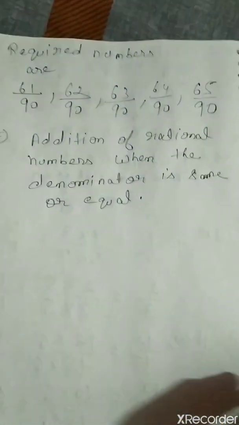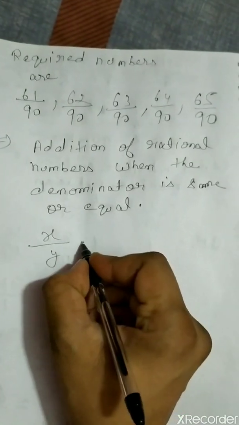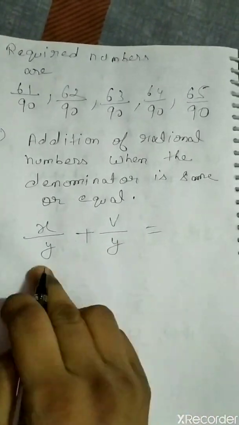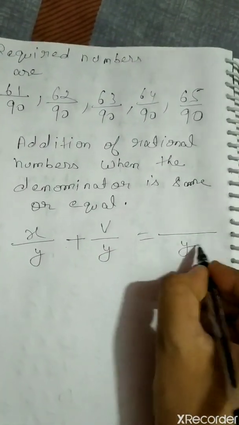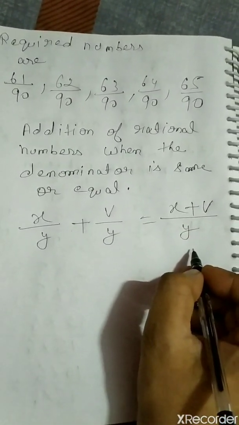For example, if x by y plus v by y, the denominator y is same in both places, so the result is x plus v by y.